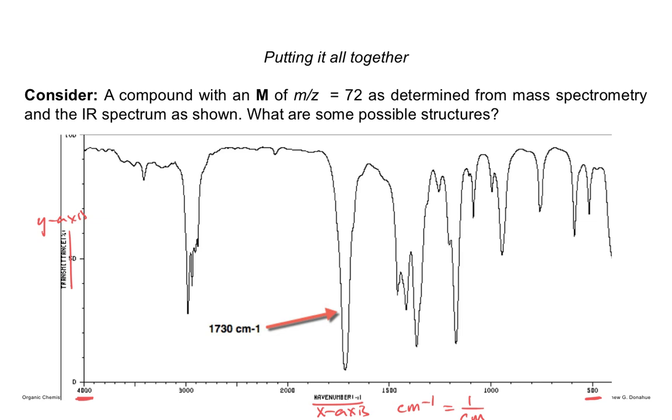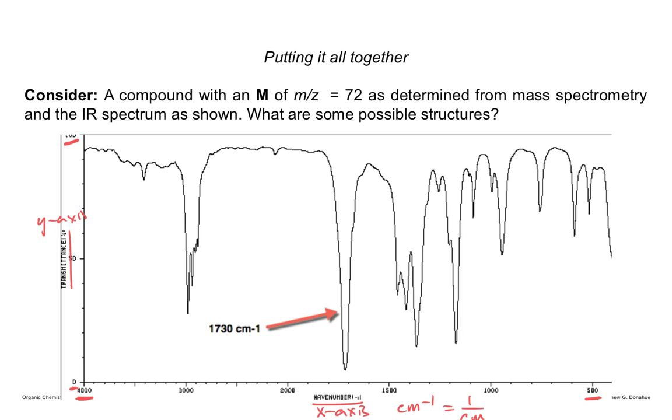So when we read these, we're typically reading them from left to right, and then we'll assign regions where certain functional groups occur. On the y-axis, there's 100% and then 0%.